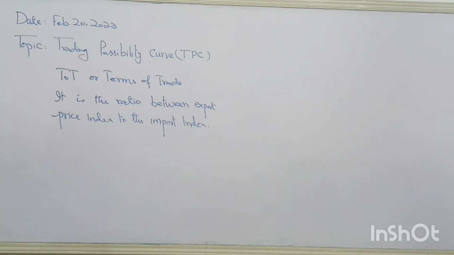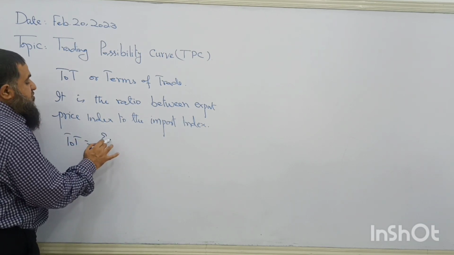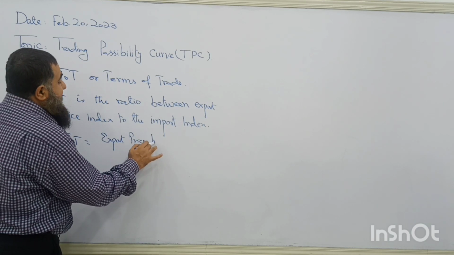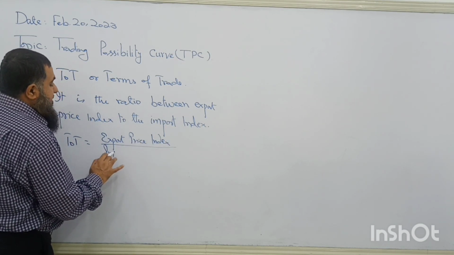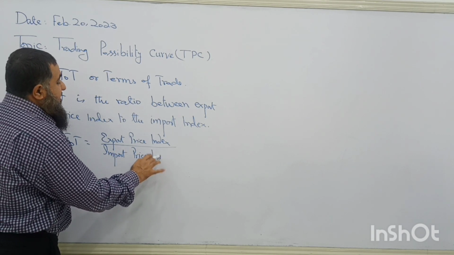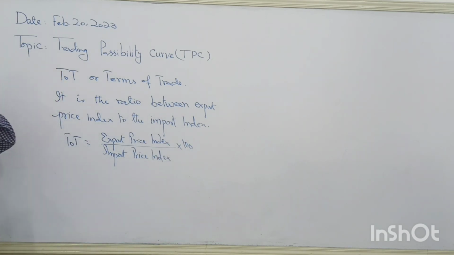Index means an average number, and we take the base value of index as 100. Now TOT can be written like this: export price index divided by import price index into 100.